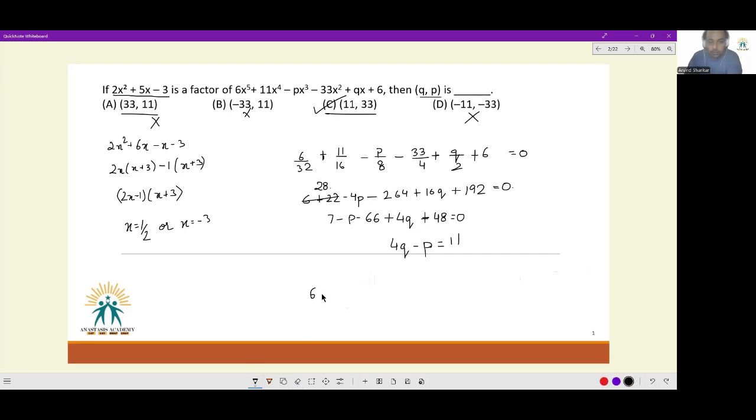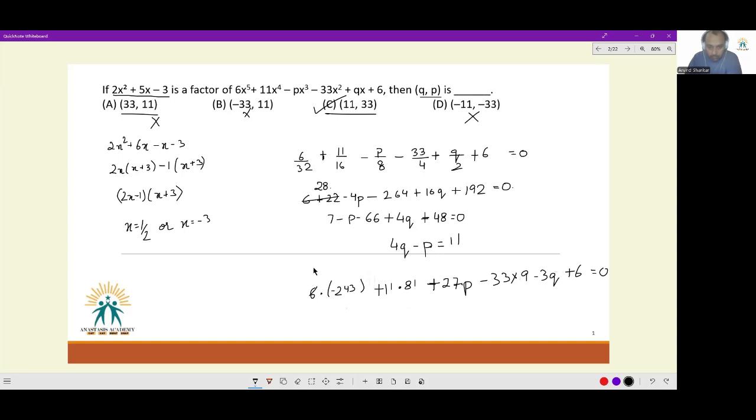Minus 3. So 6 into minus 243 plus 11 into 81 plus 27p minus 33 into 9 minus 3q plus 6 is equal to 0.